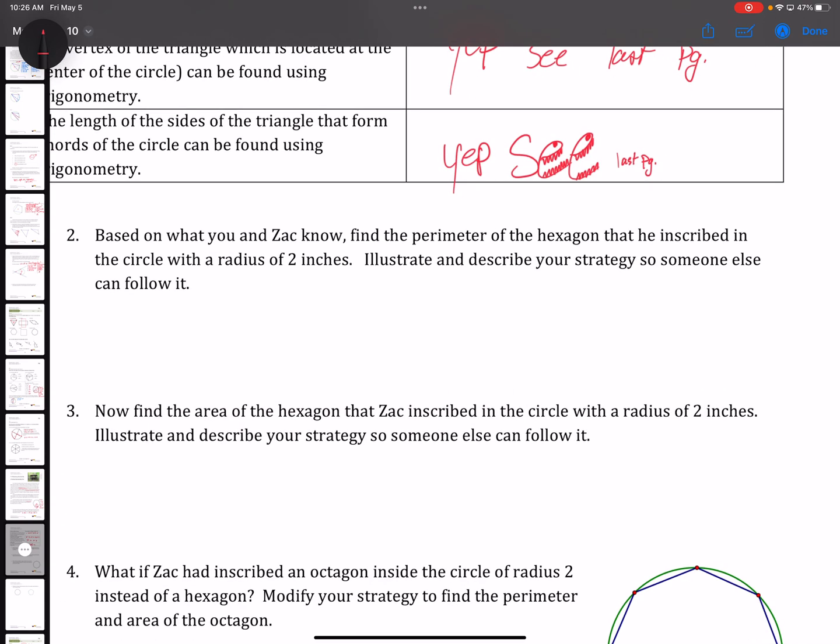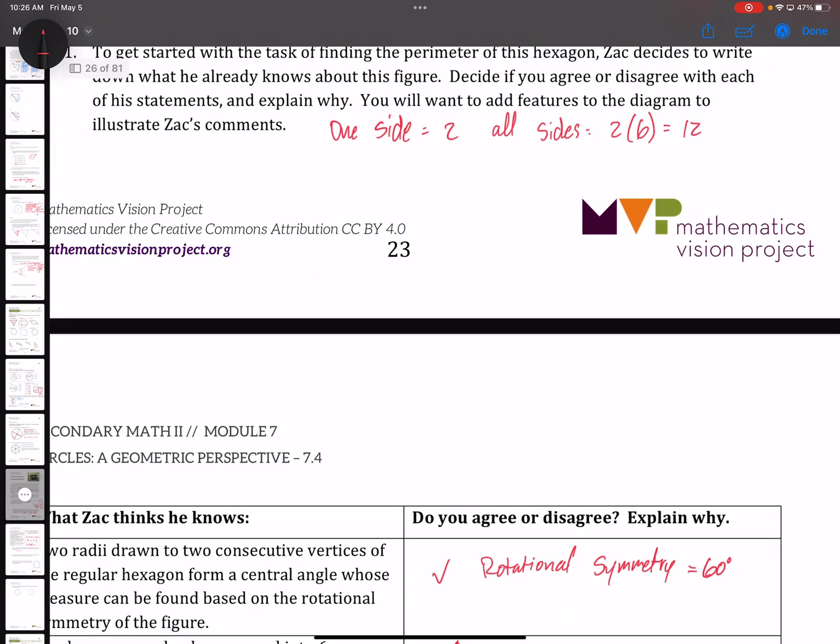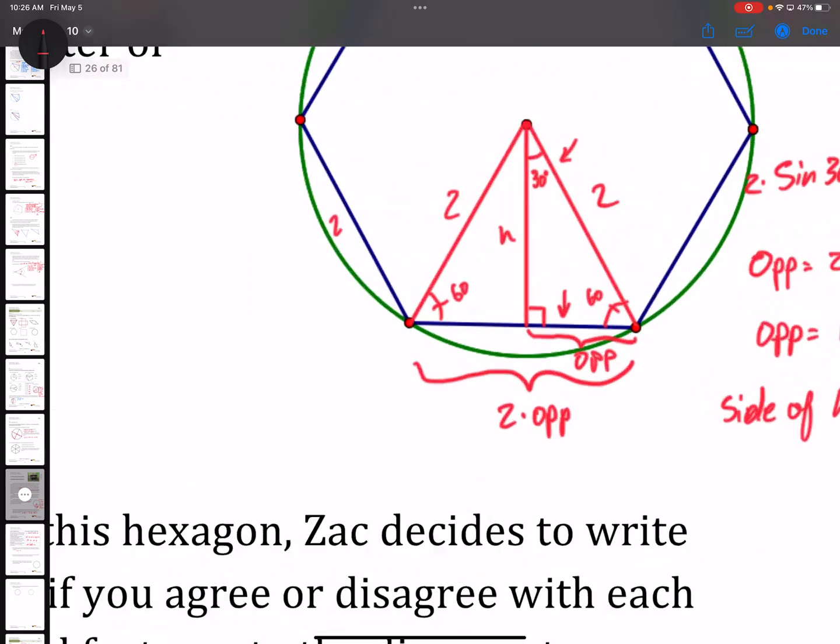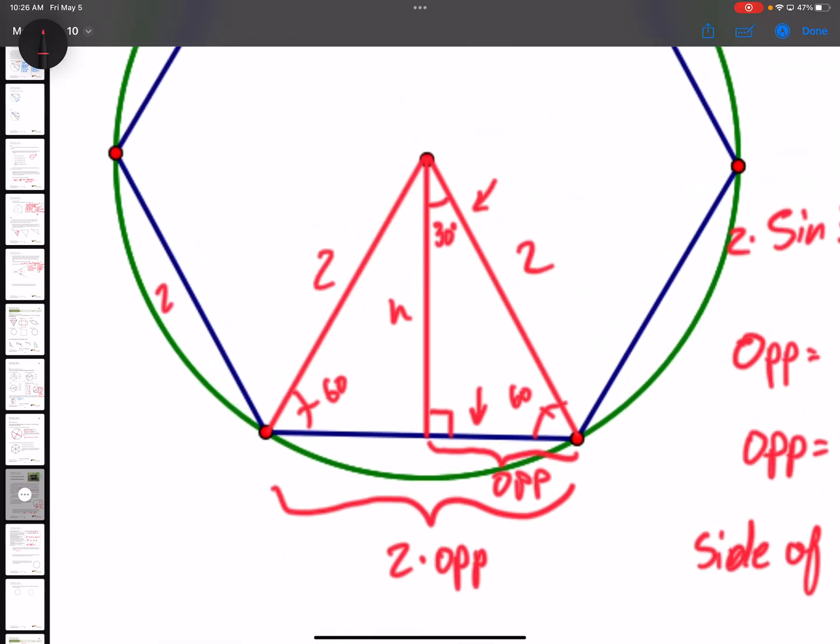Okay, so now based off of what we know, we know what the whole perimeter is, because it's 2 times 6, right? But how could we find the area now? Pi r squared?